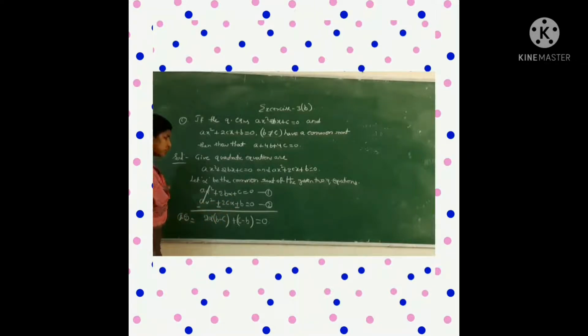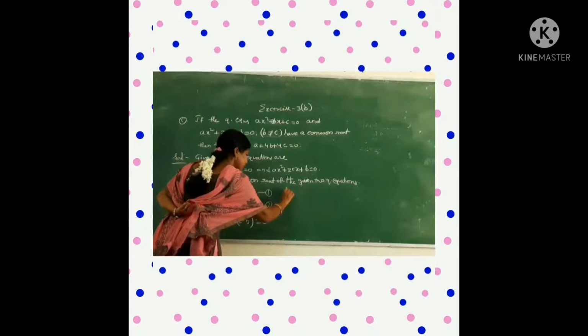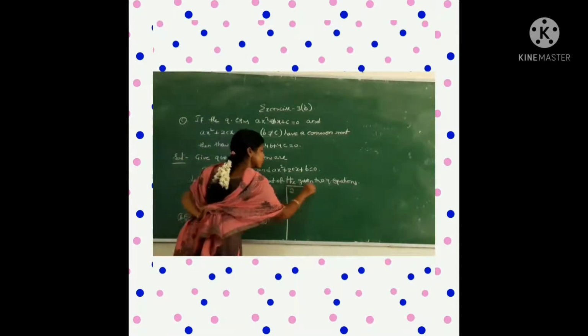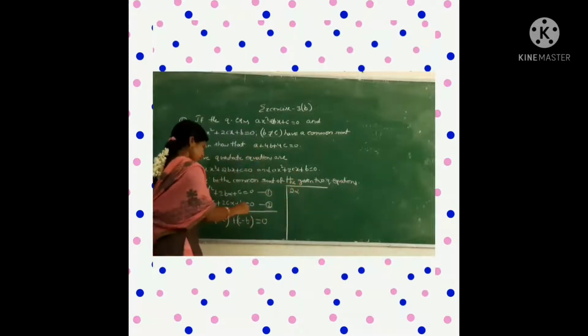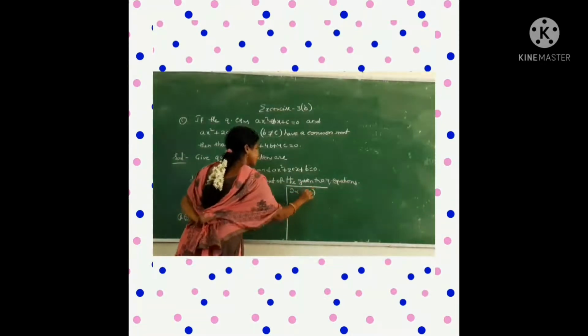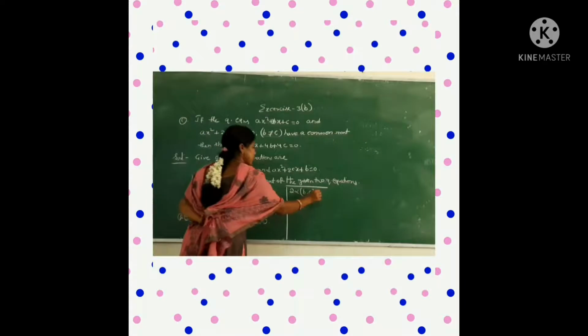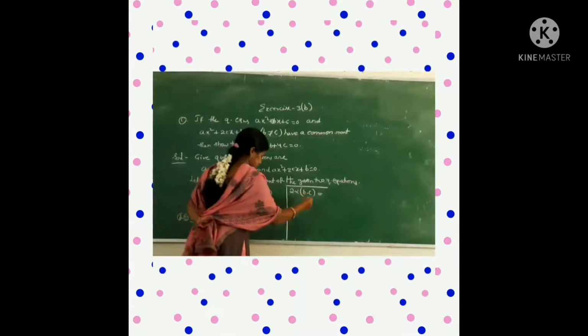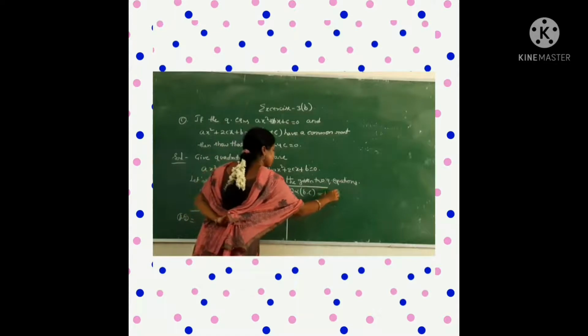Okay, understand? Now see here, 2 alpha into b minus c is equal to b minus c taken to the other side.